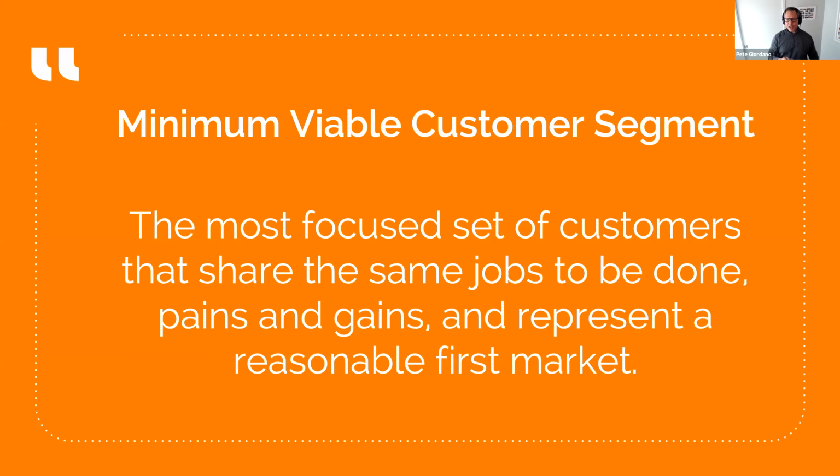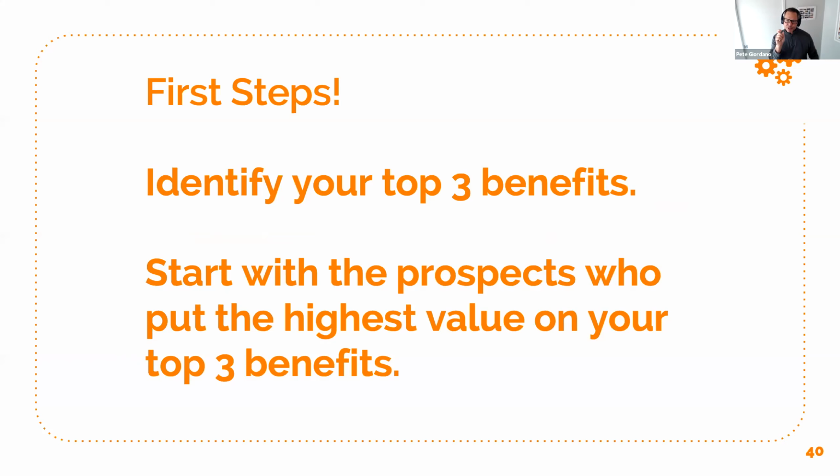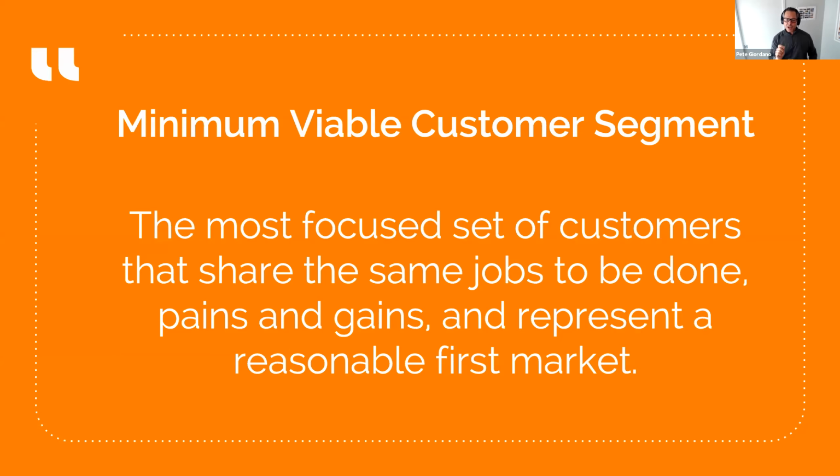The minimum viable customer segment is the most focused set of customers you can possibly get that still share the same jobs to be done, pains and gains, but represent a reasonable first market, right? One that you can spend 6 months, a year, 2 years going after and creating repeatability, predictability, scalability in your process, okay?